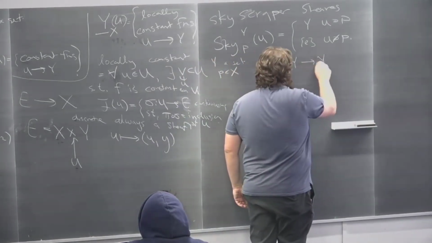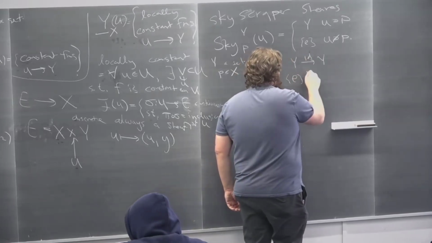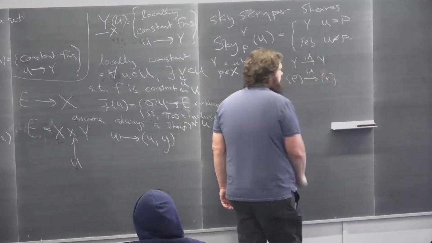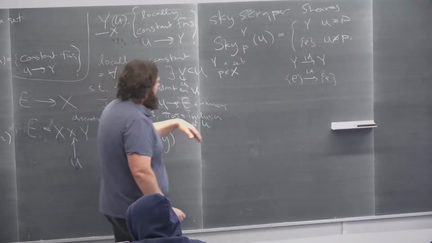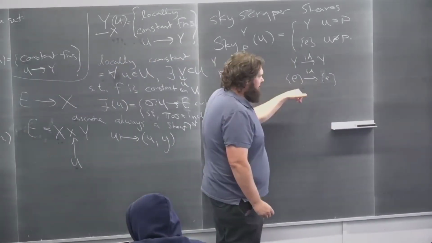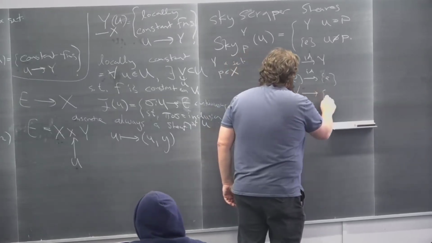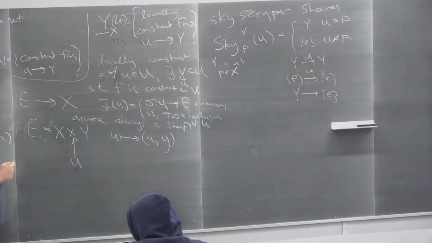So my restriction maps are either the identity on Y, or the identity on the one element set if neither of these had p, and if I had p and then I lose it, this just becomes the unique map that sends all the elements of Y to the same point.